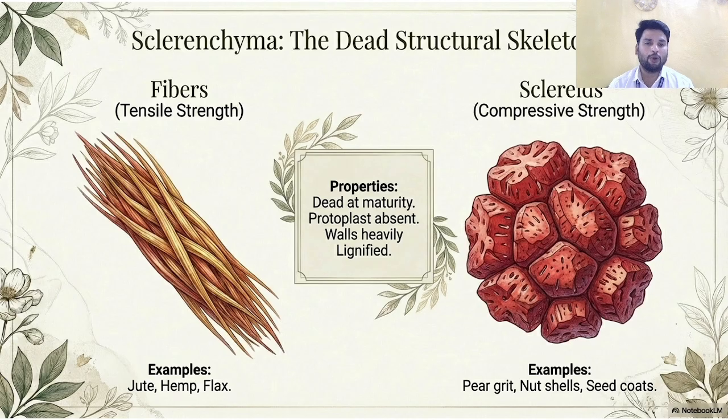So the properties of sclerenchyma include: dead at maturity, protoplast absent, walls heavily lignified, and examples are pear grit, nut shells, and seed coat. Because of sclerenchyma tissue, jute, hemp, and flax plants are also economically important.